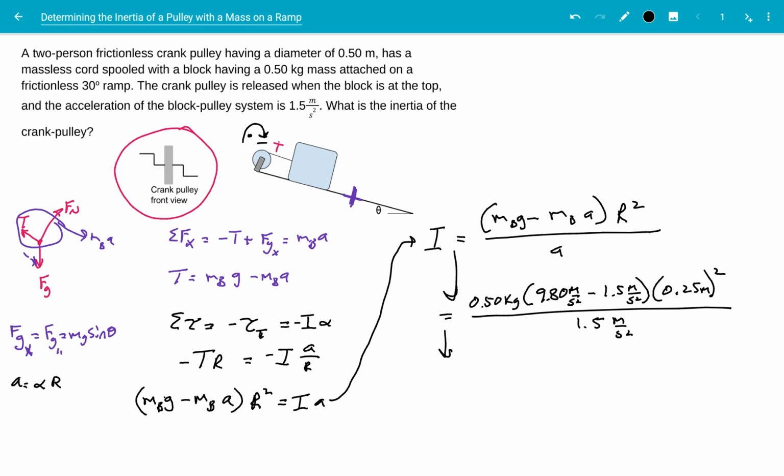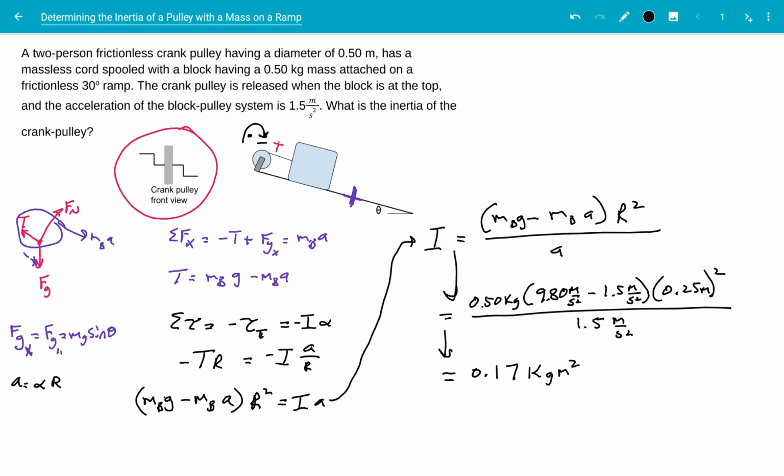I'm going to put this in a calculator real quick. 0.5 times 9.8 minus 1.5, times 0.25 squared, over 1.5 equals 0.17 kilograms meters squared. So that's the inertia.